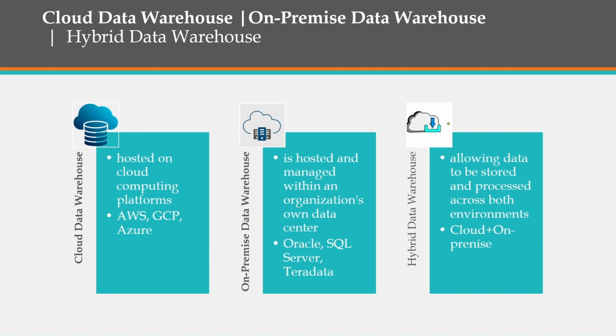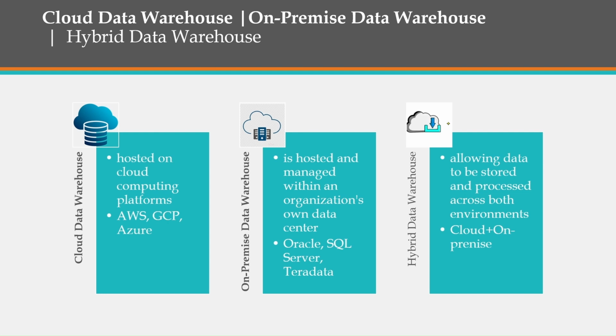A cloud data warehouse is hosted on cloud computing platforms such as Amazon Web Services, AWS, Google Cloud Platform, GCP, or Microsoft Azure. It allows organizations to store, manage, and analyze data without maintaining physical hardware.